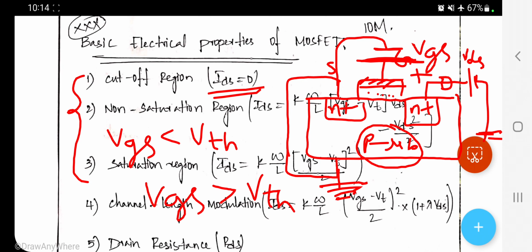Before we apply VGS greater than VTH, you can see here that you're going to have this depletion region between N plus and P substrate.